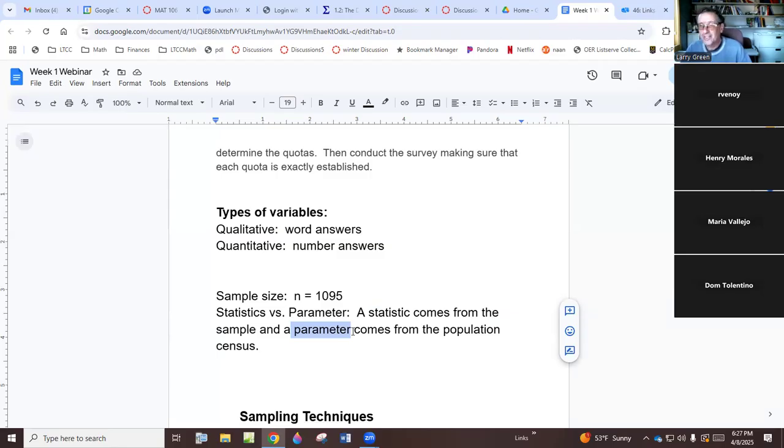A lot of words. So again, a statistic comes from the sample, a parameter comes from the population, and usually we call it a census when you can ask everybody. Any questions on this idea? Again, in the real world, when you have a giant population, you can't get the parameter, you only get the statistic.